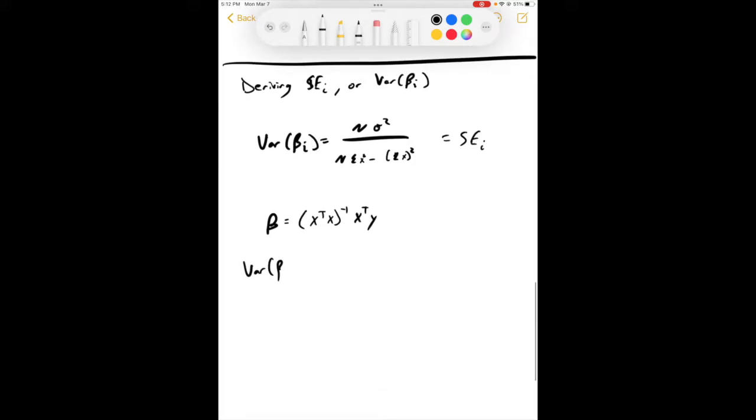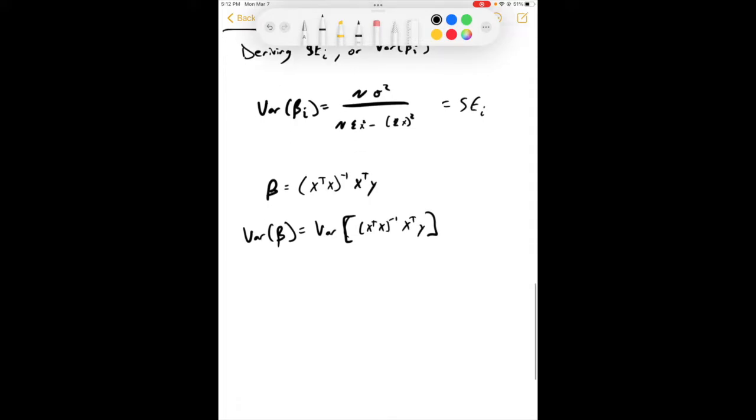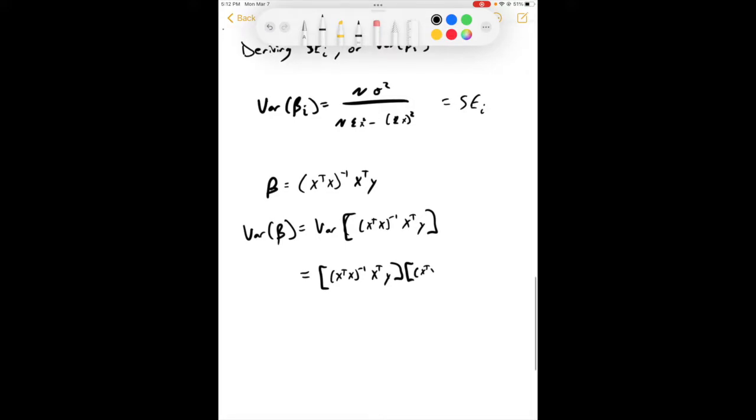So the variance of that vector of betas is the variance of this whole thing, x transpose x inverse x transpose y, which is actually equal to x transpose x inverse x transpose y times x transpose x inverse x transpose y and the transpose of that.